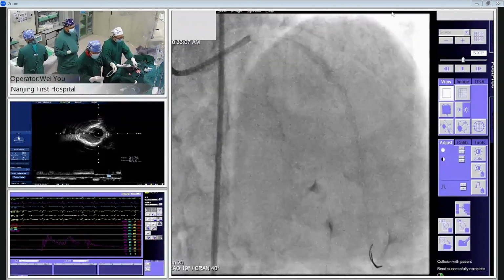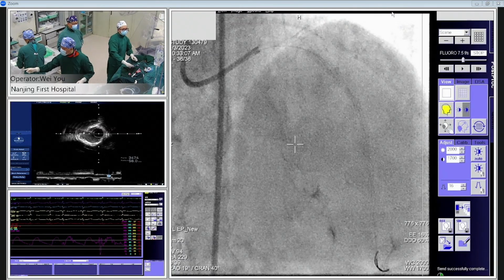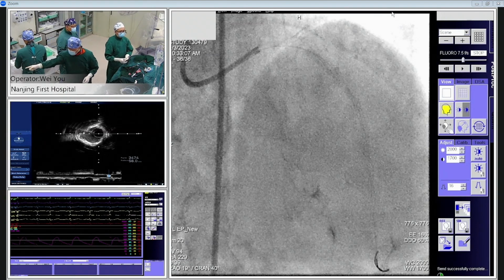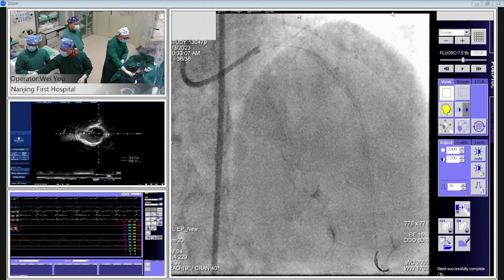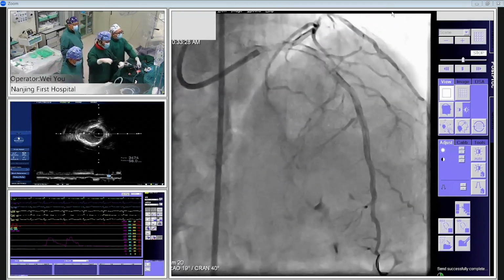Nice. 3.0. Still, we will use a 3.0 NC balloon to do the post dilation for the mid RD stent segment. New one. 3.0. Okay, after the 2.5 post dilation, I will give a picture. Oh, nice. Yeah, very good.